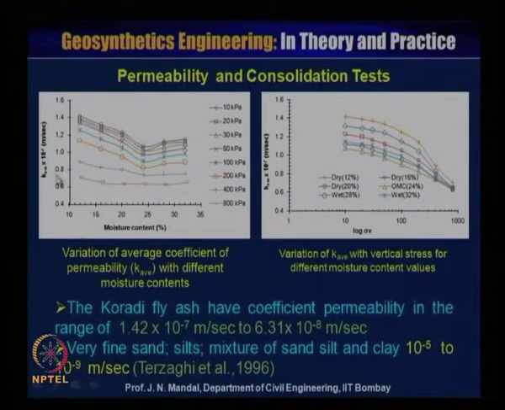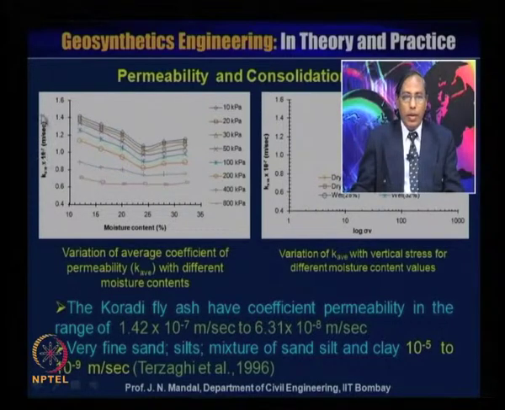So, this figure shows the variation of the average coefficient of permeability, k average, with different moisture content under different pressures, starting from 10, 20, 30 kilopascal, 50 kilopascal, 100, 200, 400 and also 800 kilopascal.